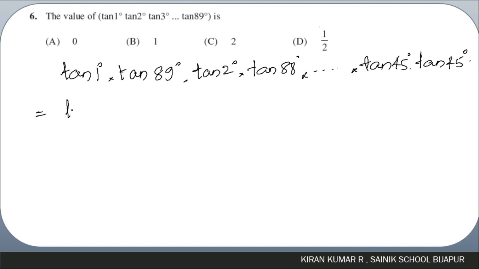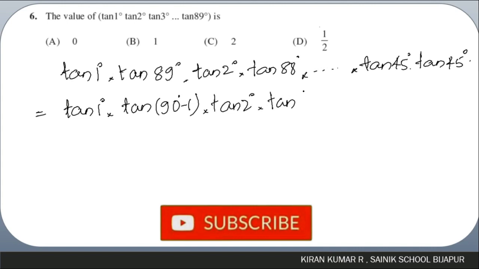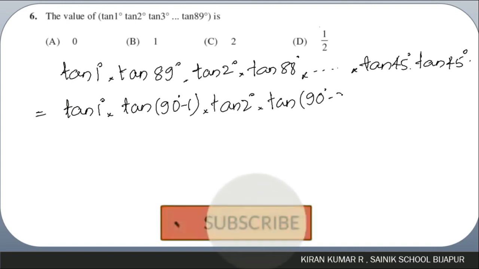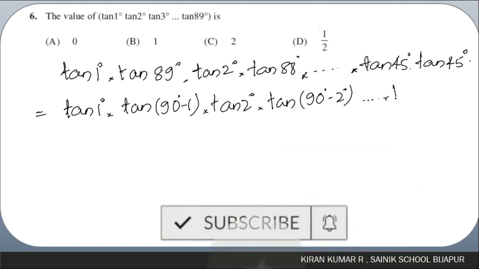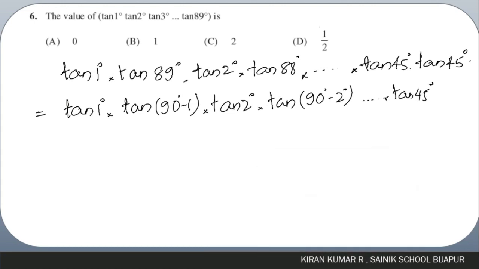Therefore, I can write tan 1 degree multiplied by tan of 90 degrees minus 1 degree, 89 being 90 degrees minus 1, into tan 2 degrees multiplied by tan of 90 degrees minus 2 degrees, and it continues till tan 45 multiplied by tan of 90 degrees minus 45 degrees.